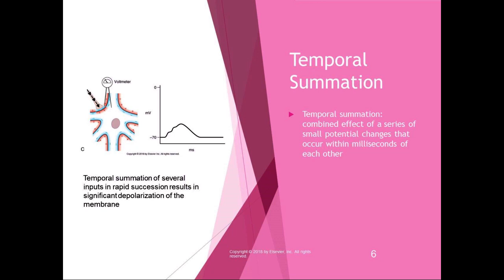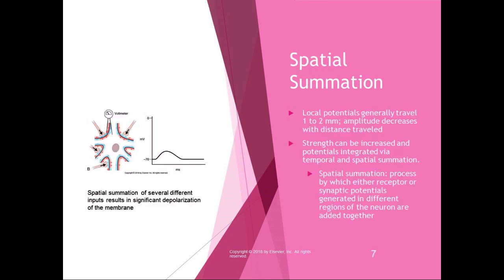The other way we can get a buildup of local potentials is by spatial summation. So the first one is temporal summation. Spatial summation is the summation of several different inputs that results in a more significant depolarization of the membrane. The strength of a local potential can be increased when synaptic potentials are being generated in different regions of the neuron and they're all added together.